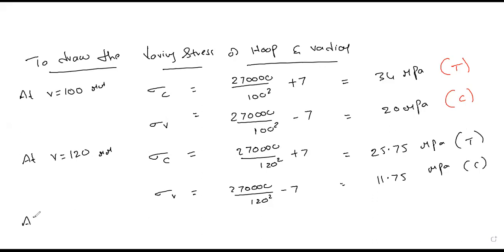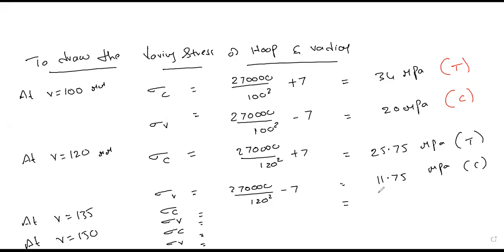In the same way, let's calculate at another point, at 135, and at another point, at 150. So why am I calculating at different points? Because you should know how the stress varies from 100 mm to 150 mm. That is why we calculate. If you calculate these two values, I am writing the answers straight away.